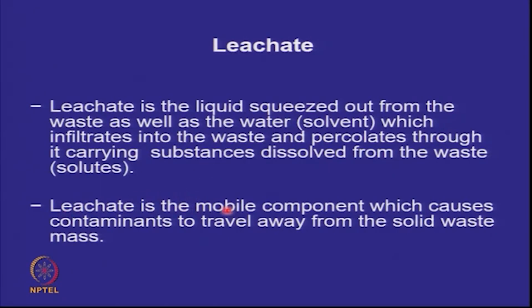So the leachate is the mobile component which causes contaminants to travel away from the solid waste mass. If there was no leachate, then at least in the liquid phase nothing would move out. It's still, there could be dust, there could be particles which could move out, there could be gaseous emissions. But as far as the liquid phase is concerned, whether it is polluting surface water or groundwater, it is the mobile component.